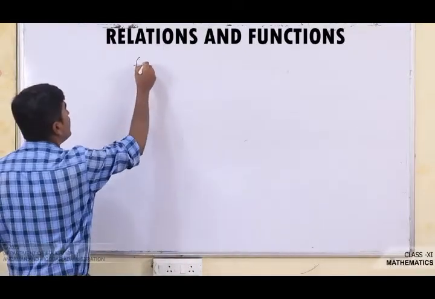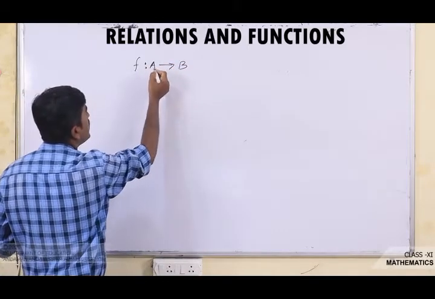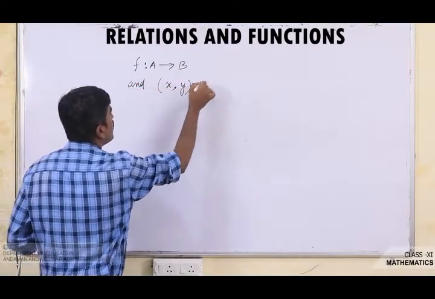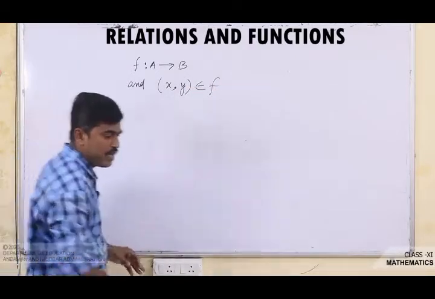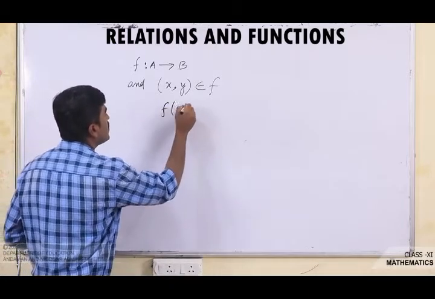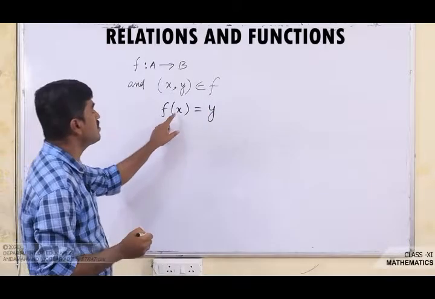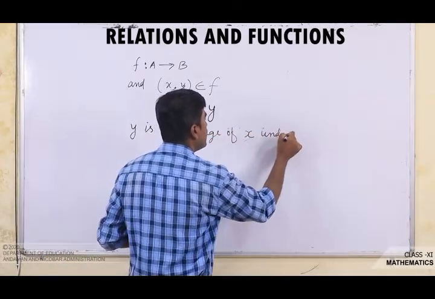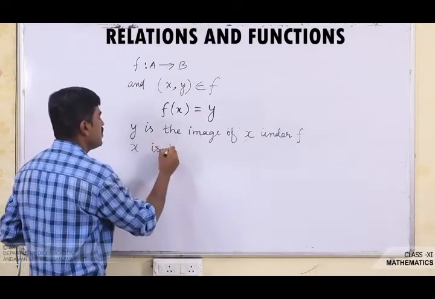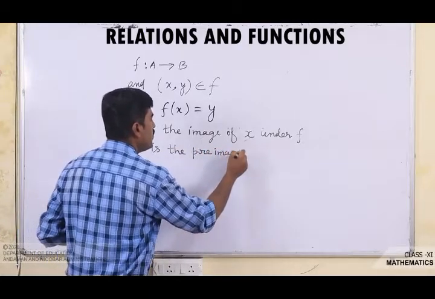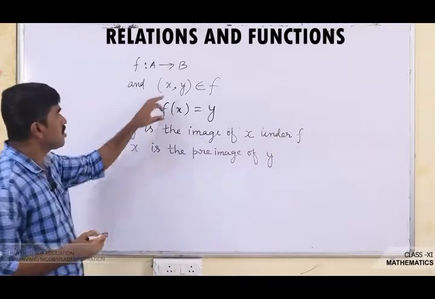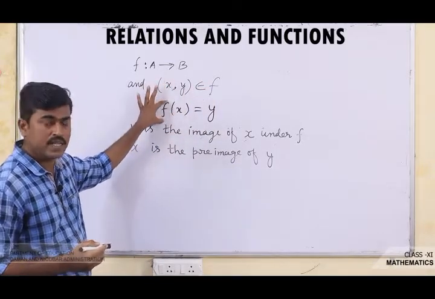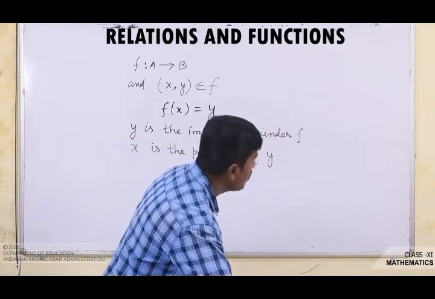If f is a function from A to B, it is denoted by f colon A arrow B. f is a function from A to B and if (x, y) belongs to f, then we write f of x is equal to y. f of x is equal to y means y is the image of x under the function f, and x is the pre-image of y. Clear?